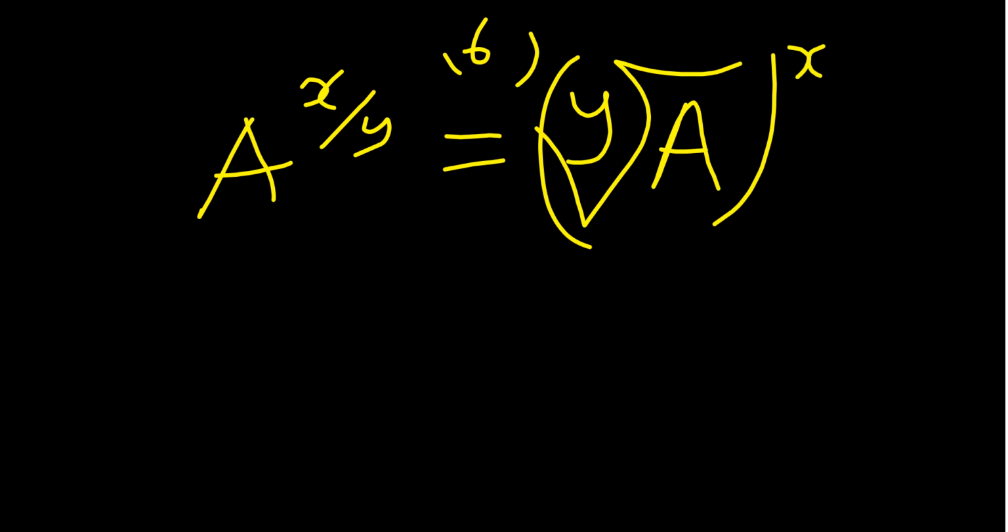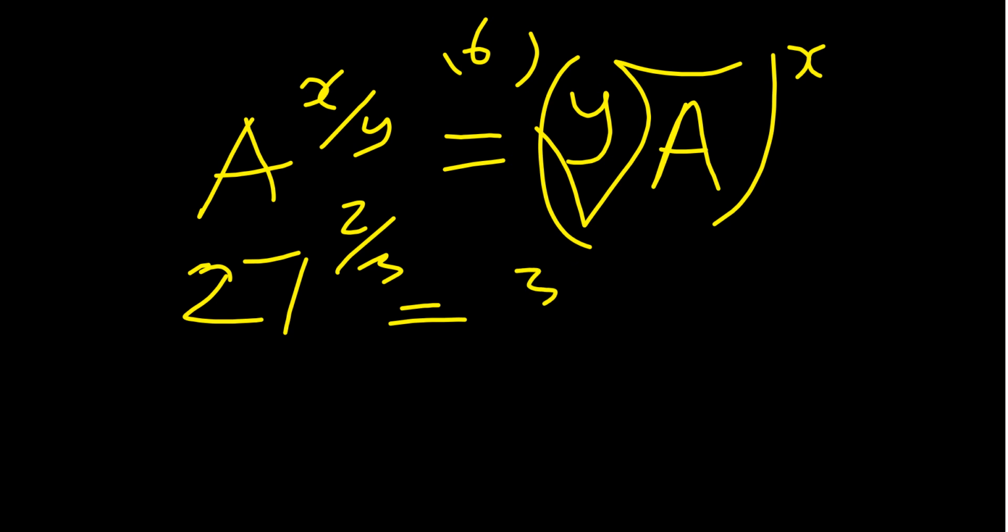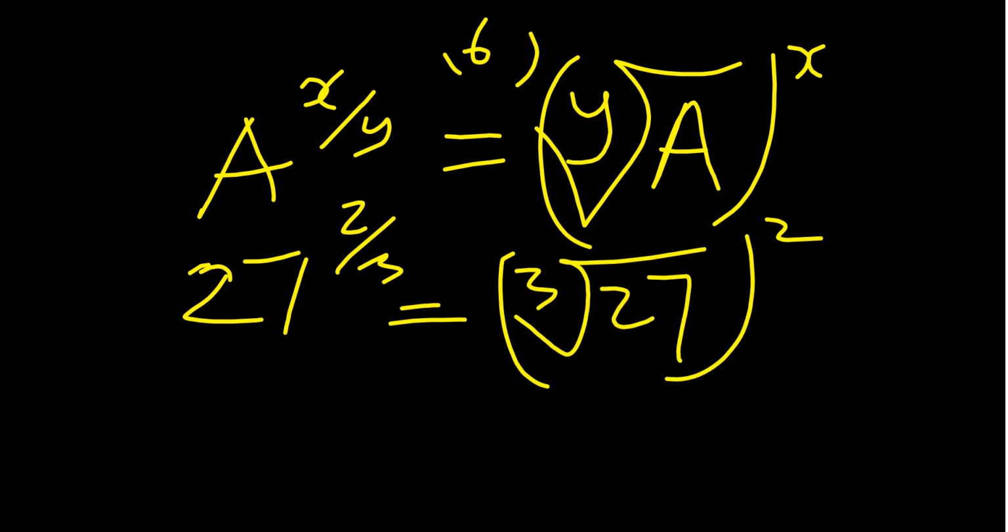Maybe you are given the number 27 raised to a power of 2 over 3. This is equal to the cube root of 27 all raised to a power of 2. The cube root of 27 is what? It is 3. 3 raised to power 2 is equal to 9.